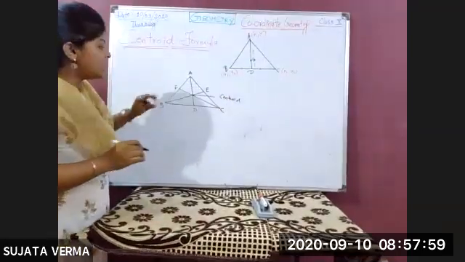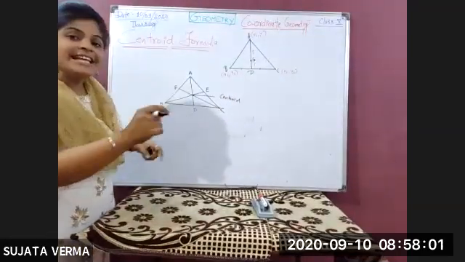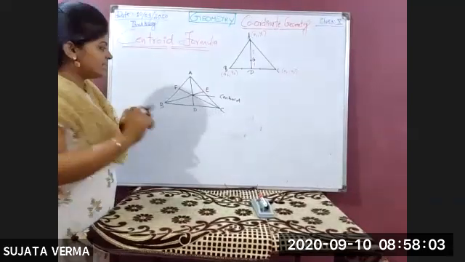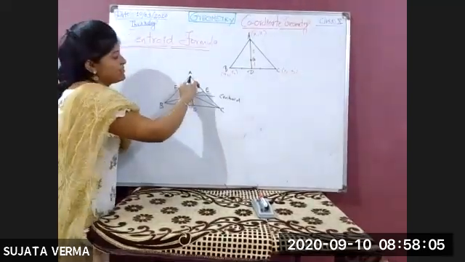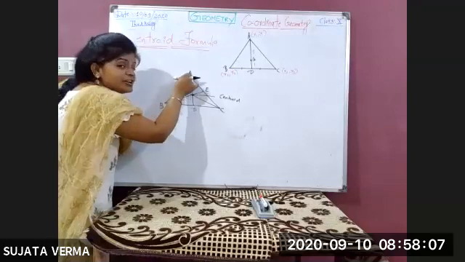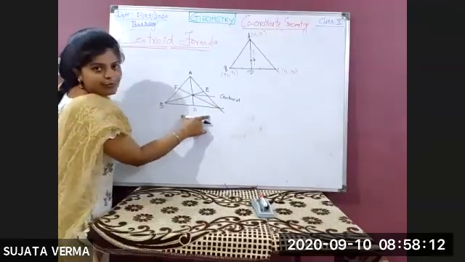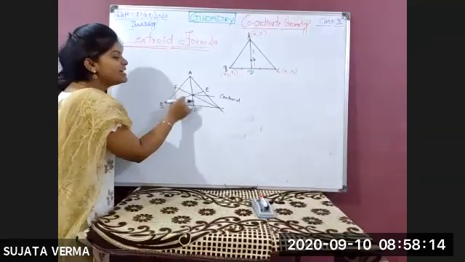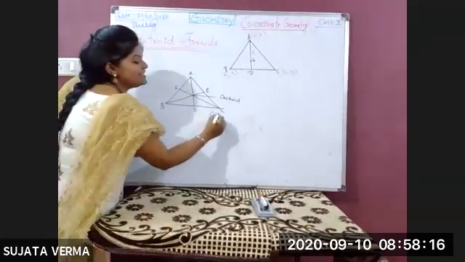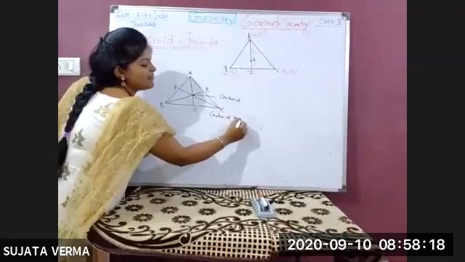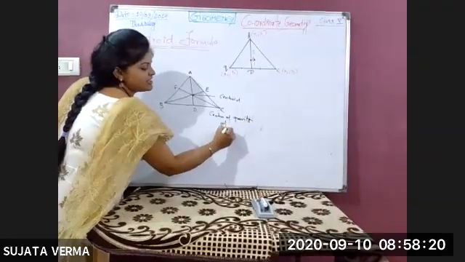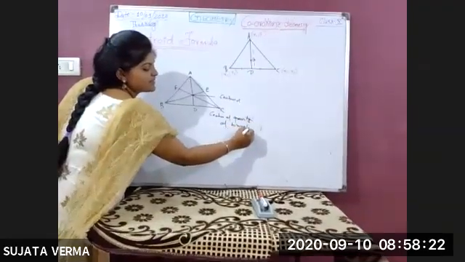Okay, and a median of a triangle is a line segment from one vertex to the midpoint of the opposite side. Okay, it is also called the center of gravity of the triangle. Is that clear?